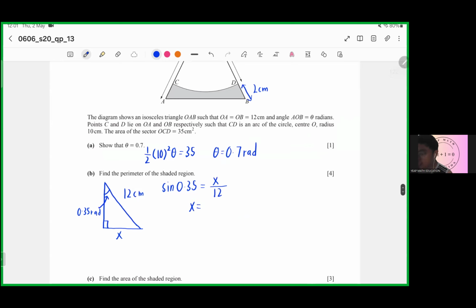So you can get the answer for x is 4.11 cm. Then we calculate AB by multiplying by 2, we get 8.22 cm.